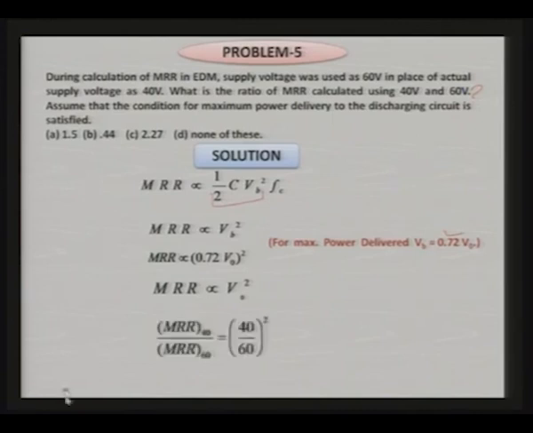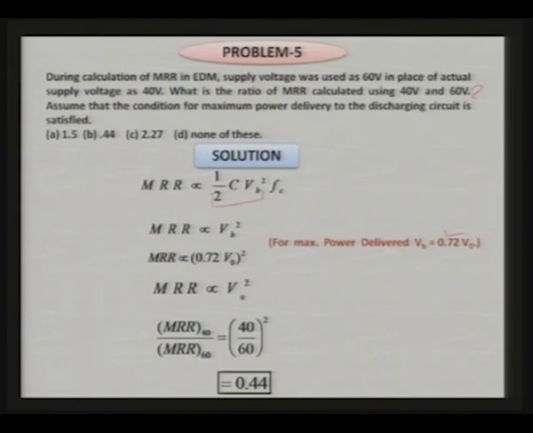So, MRR at 40 volts and MRR at 60 volts, the ratio of this becomes 40 divided by 60 whole square, and if you simplify it, you get 0.44 as the ratio of material removal rate at 40 volt and material removal rate at 60 volt.